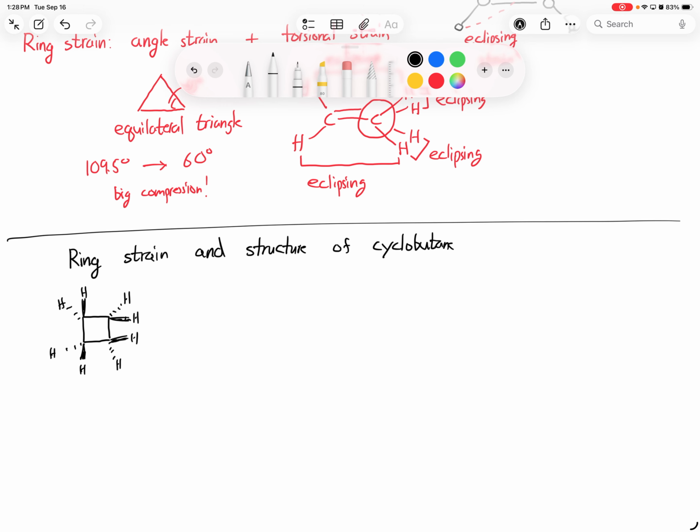All right. So let's talk a bit about this structure. So this is what we draw on paper, but in reality, cyclobutane does not look like this. Okay, so it's kind of flexible. So I will put here not actual structure.